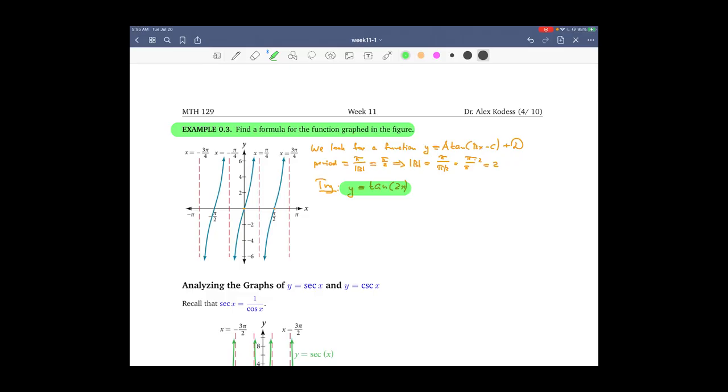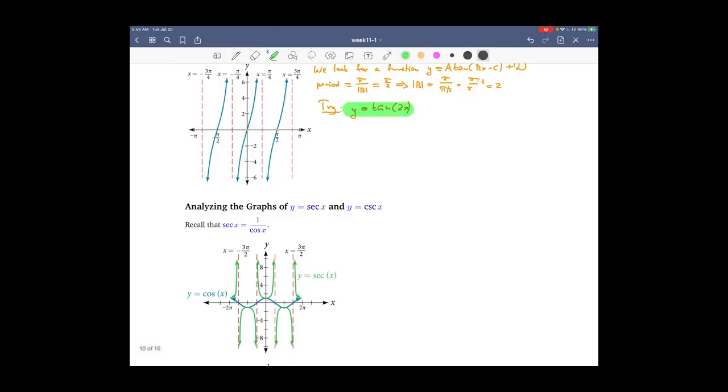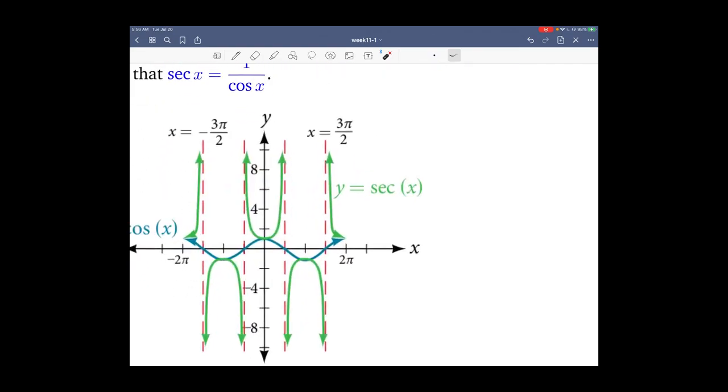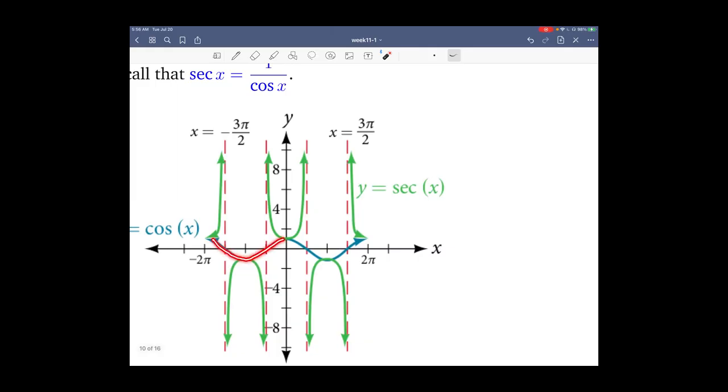We now turn our attention to the graphs of secant and cosecant. And recall that secant is 1 over cosine. So of course, when we think about the graph of secant, it won't hurt to remind ourselves the graph of cosine. Remember, cosine is an even function.